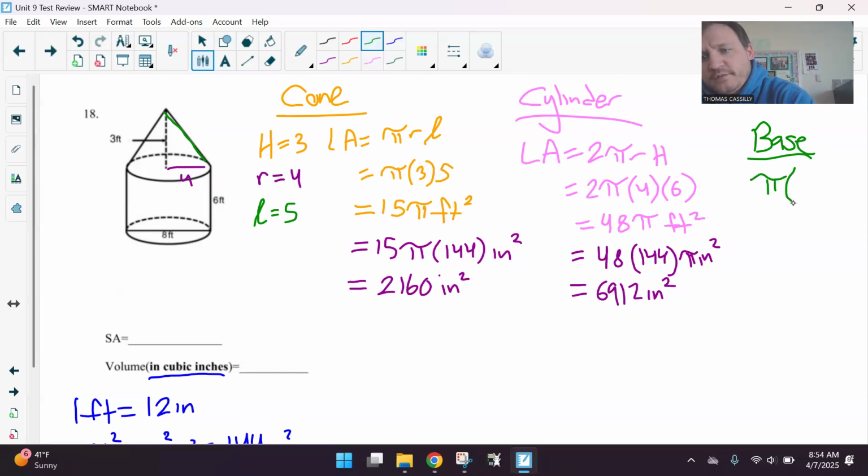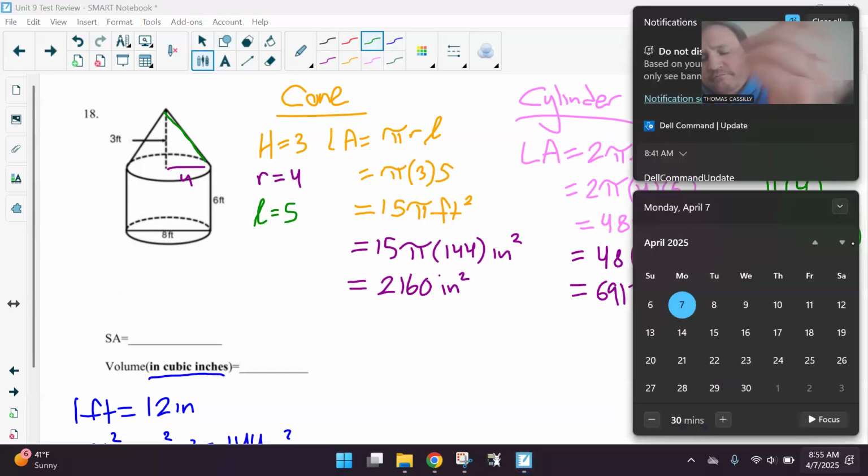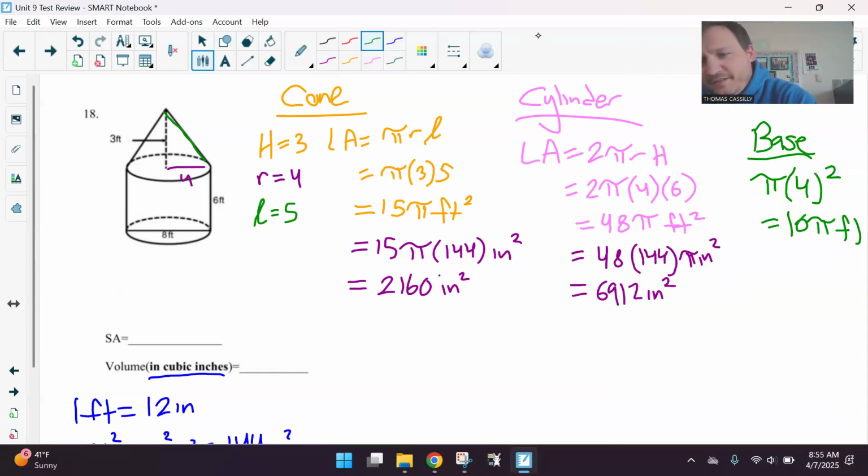So this is just pi times 4 squared. So this equals 16 pi square feet. Sorry about that. Which is going to be equal to, multiply that by 144. I'm running out of room here. That's 2,304 pi square inches?